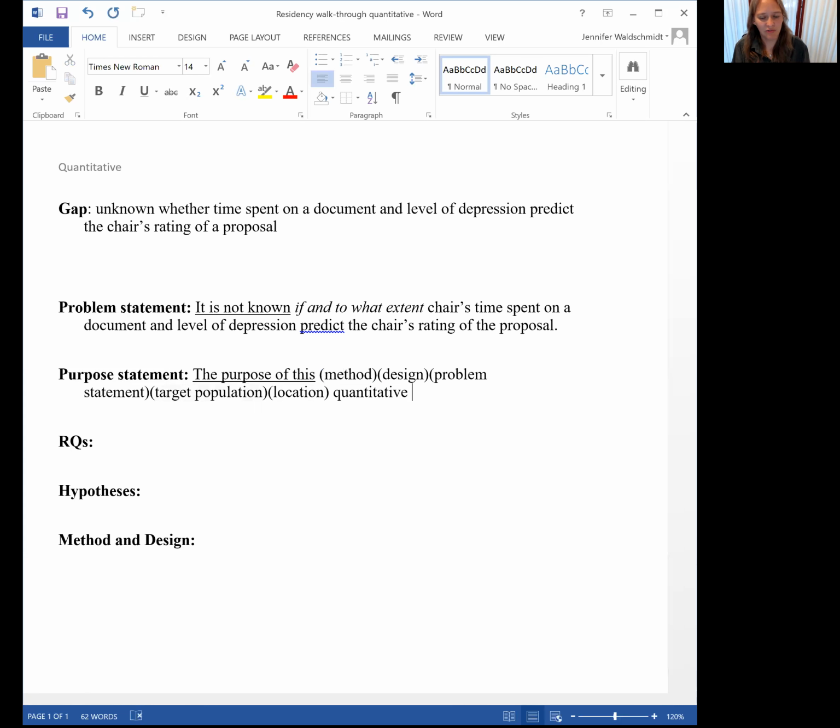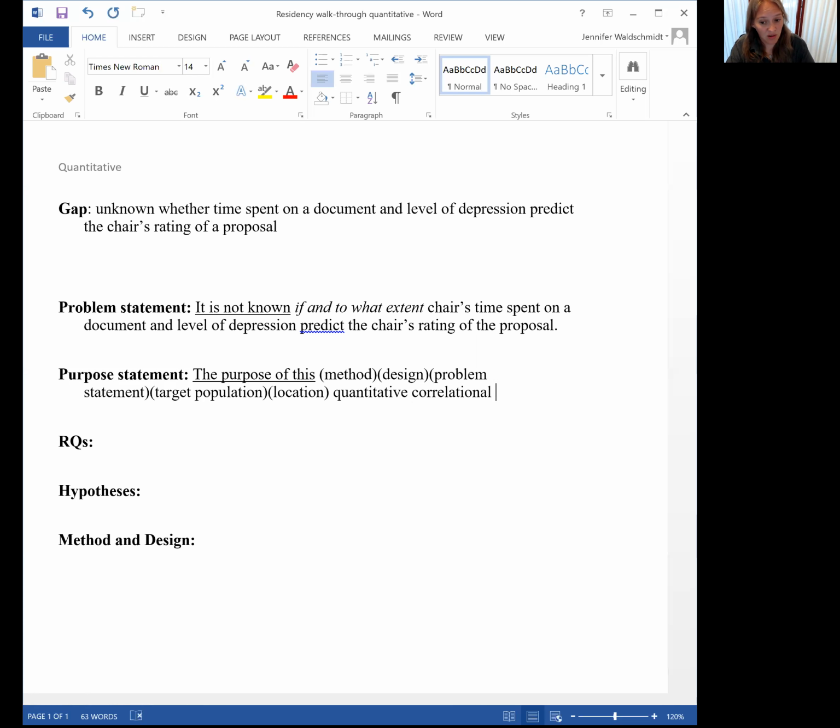Now there are 5 different GCU pre-approved designs. There's experimental, quasi-experimental, causal comparative, which despite its name cannot assess causal claims. And then we have correlational, and then finally descriptive. Anything dealing with relationships or predictions is going to fall underneath the correlational design. And so that's going to be our design here: correlational.